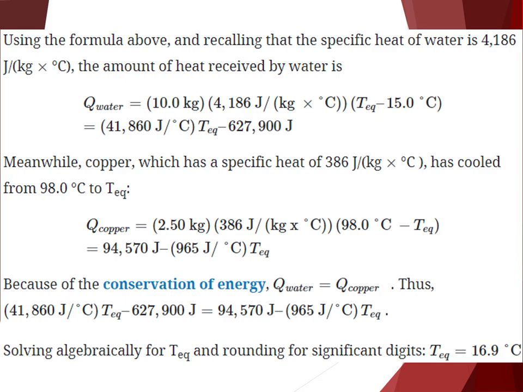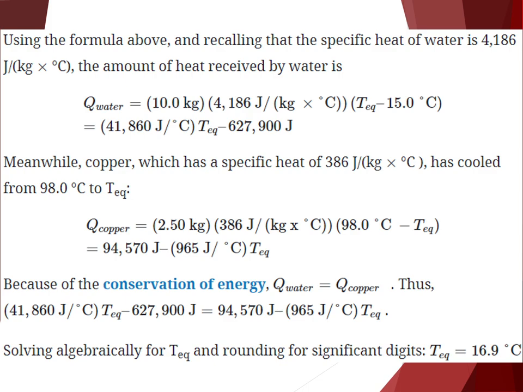627,900 joules. Now, at the same time, copper has a specific heat of only 386 joules per kilogram degree Celsius. And it has cooled from 98.0 degrees Celsius to the thermal equilibrium, which again, we don't know, we're solving for.